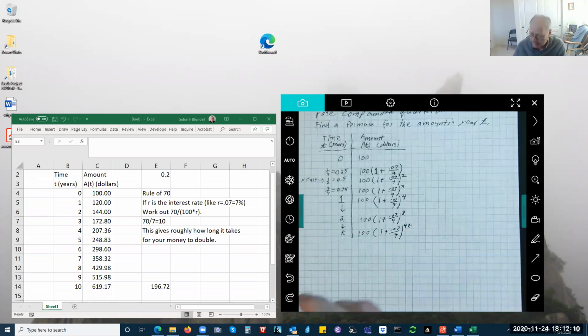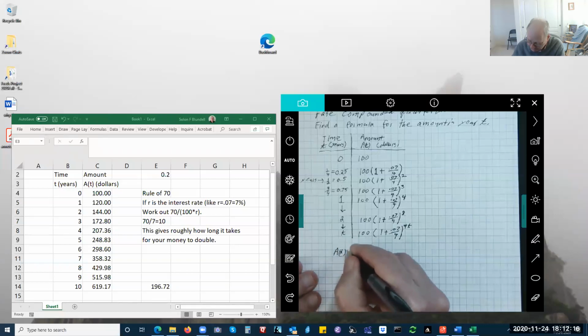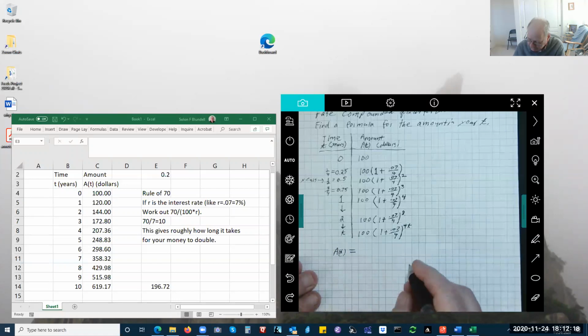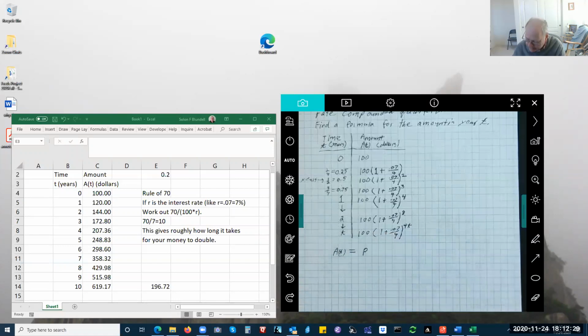And so, what's our formula? So I have my principal, the $100 initially invested.